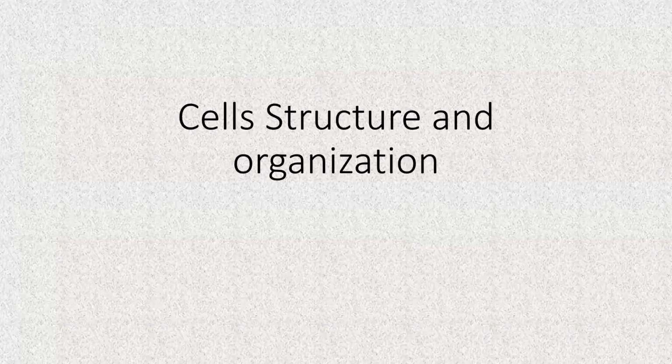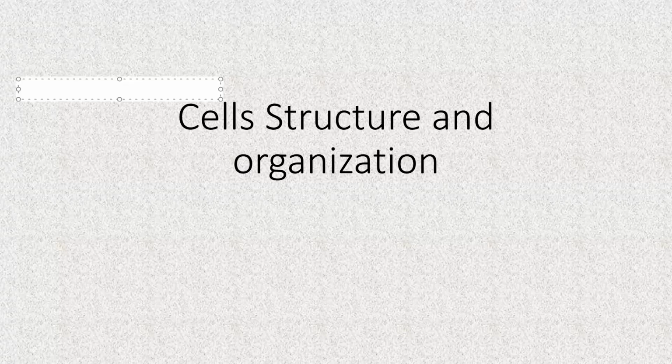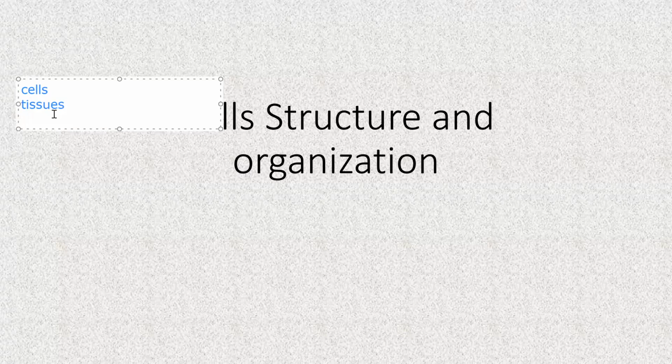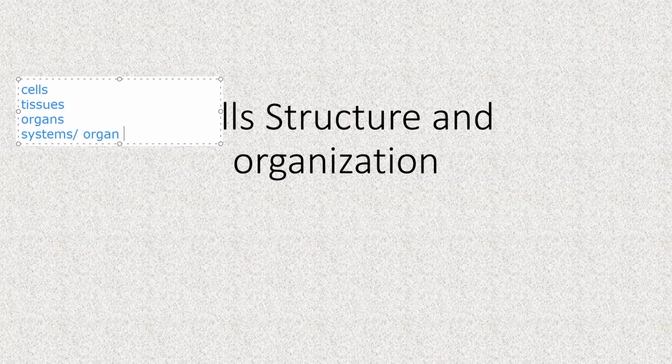Now we talk about cells, structure, and organization. First we need to know the cells, then tissues, but we'll discuss this later. For now we only need to note it very fast: organ systems, then organism.